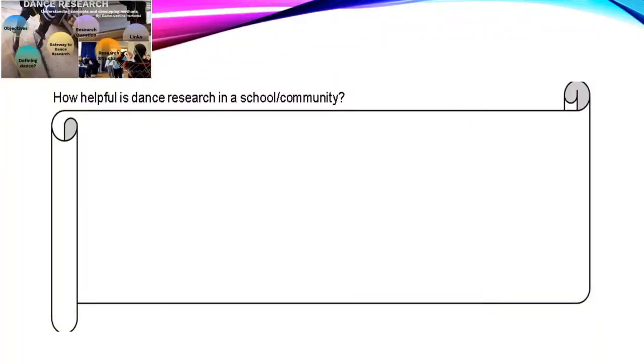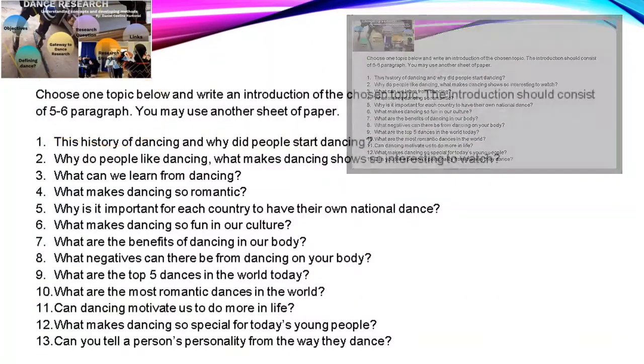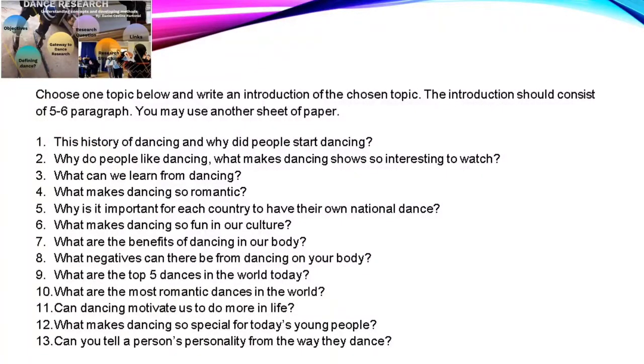So where are you going to write that? In the space provided. And the next activity is to choose one topic below and write an introduction of the chosen topic. And you may use another sheet of paper.